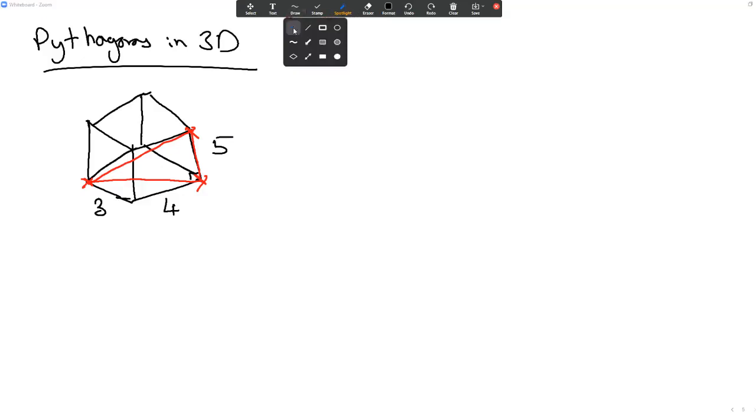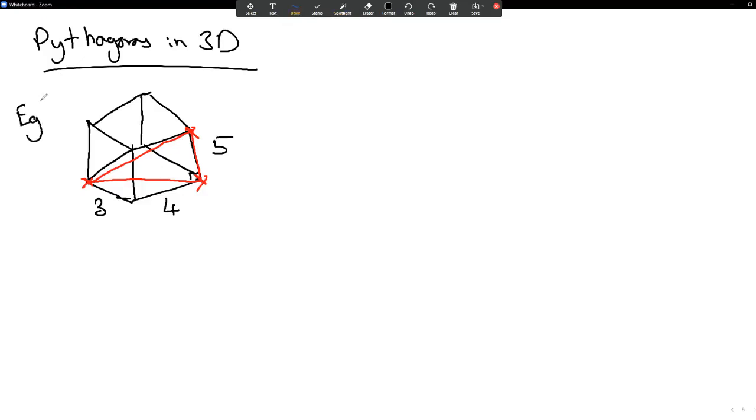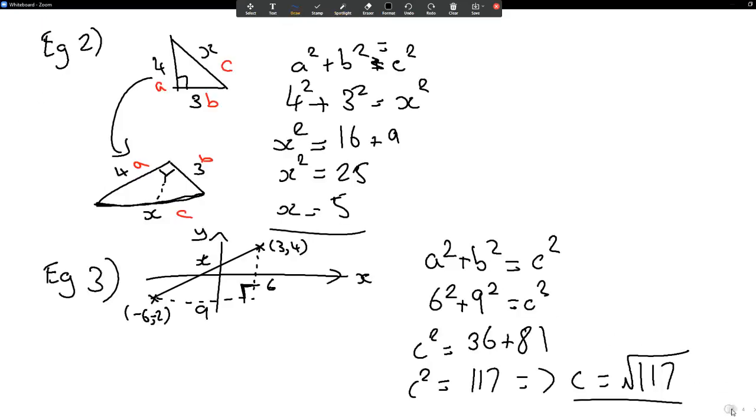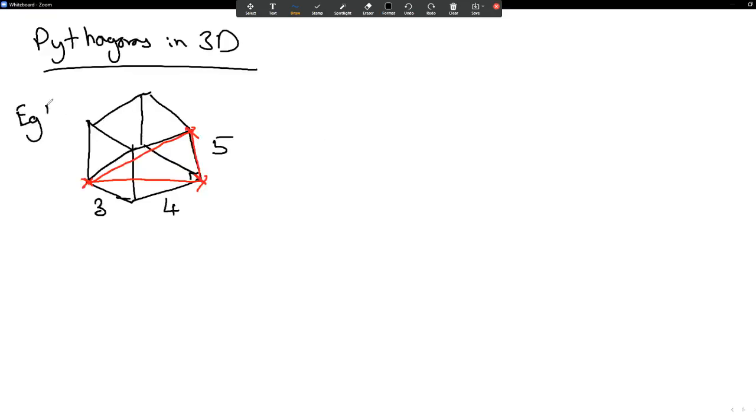So let's take this as an example. We're on example 4. Well, if we want to find this side here, x, which is going from here to here, so it's this long line, what we can do is we can figure out this line here using these two values.